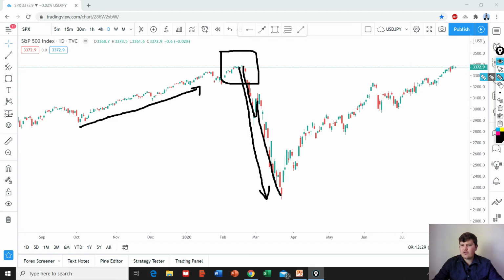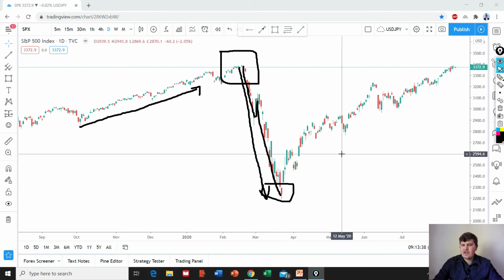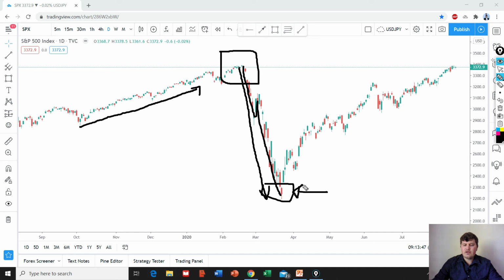So at around these levels over here, let me just get you guys a rough indication of the date. Around 23 March, the Federal Reserve of America and the financial institutions around the world stepped in over here, and they implemented quantitative easing and started to pump billions of dollars into the stock market to recover all of these losses and to put an end to the market crash, as you can say it.